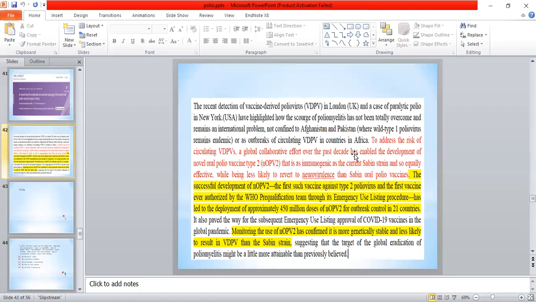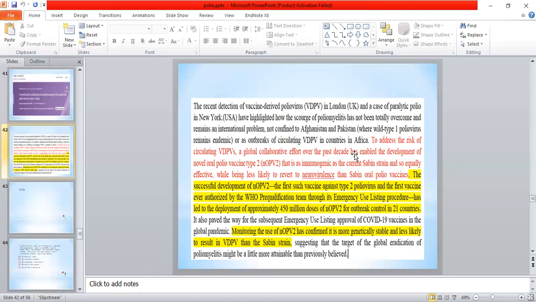In this article, they said that to address the risk of circulating vaccine derived poliovirus, a global collaborative effort over the past decade has enabled the development of novel oral polio vaccine type 2. This is as immunogenic as the current Sabin strain and so equally effective, while being less likely to revert to neurovirulence than the Sabin oral polio vaccine.